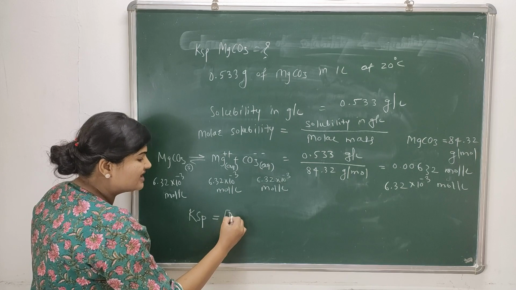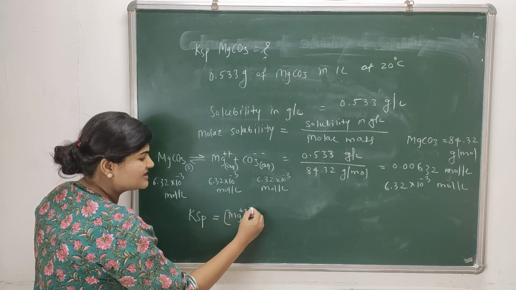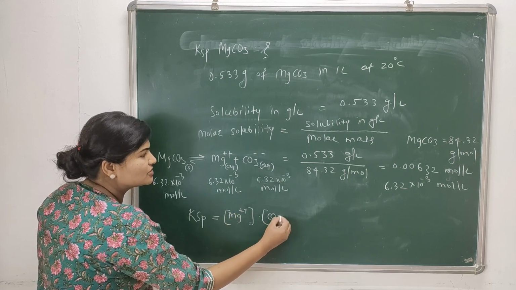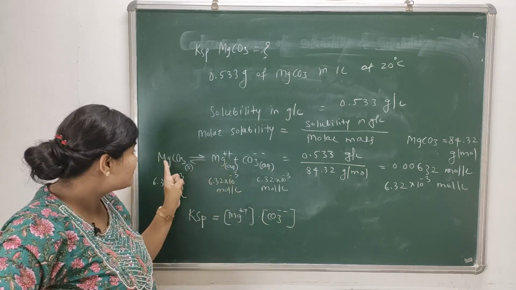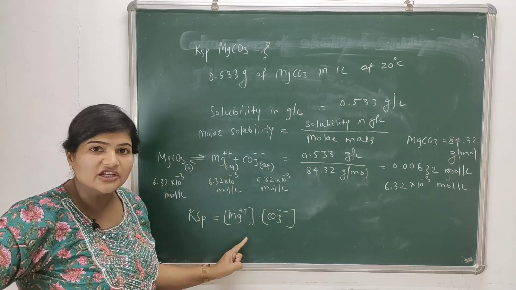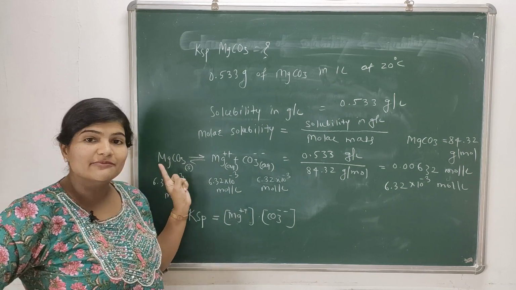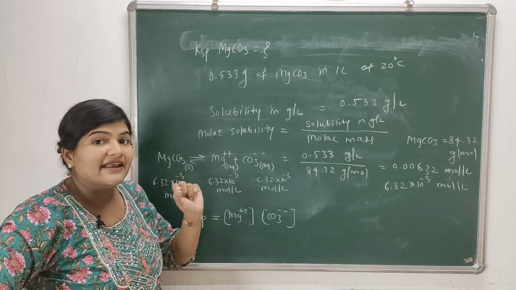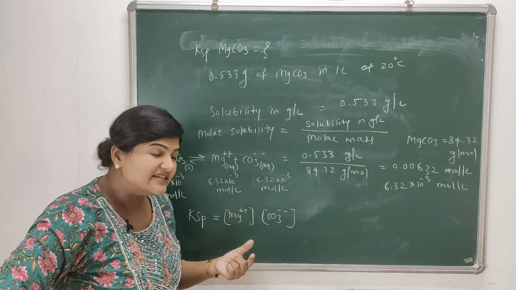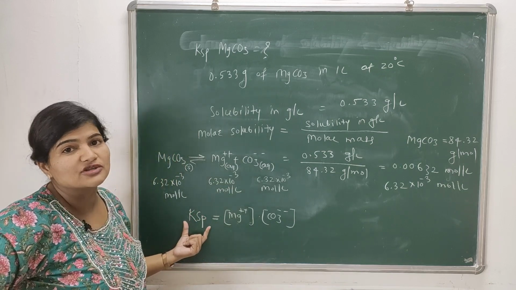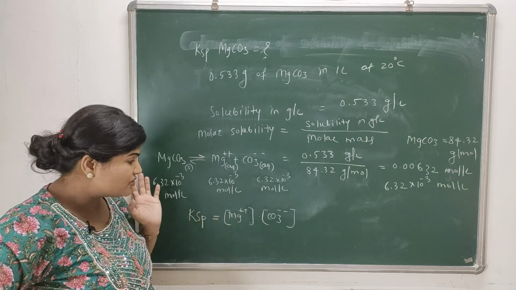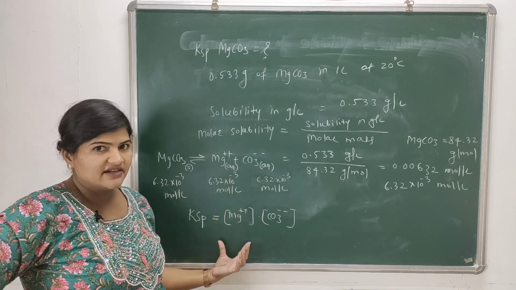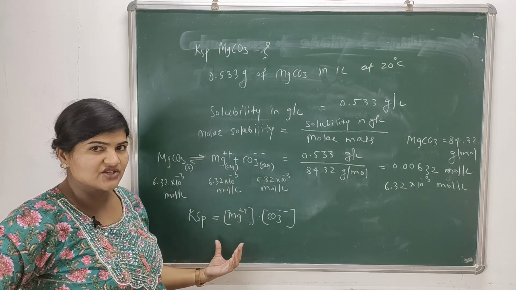I will just write Mg++ times CO3--. You must be wondering why I have not put the solid at the denominator. The concentration of solid magnesium carbonate is constant, and that constant we have already considered while designing the constant KSP. Please go through the last video if you are not sure about this. But we will write the KSP equation like this.